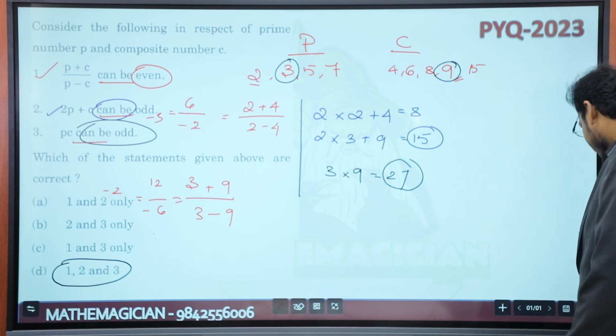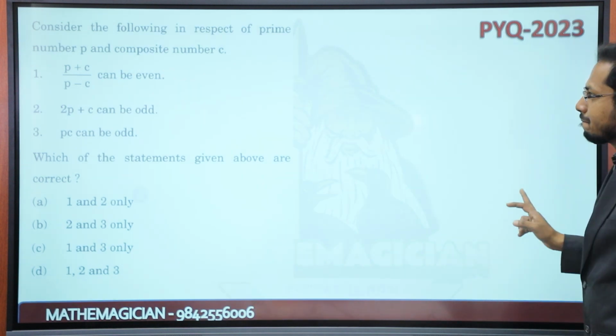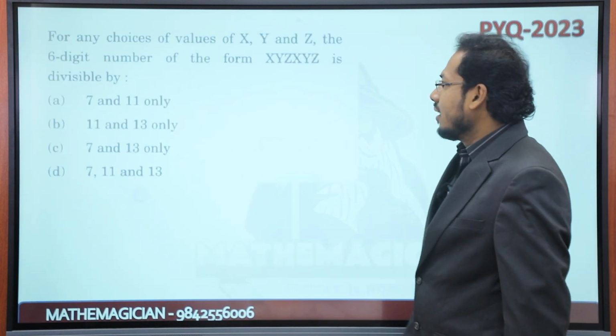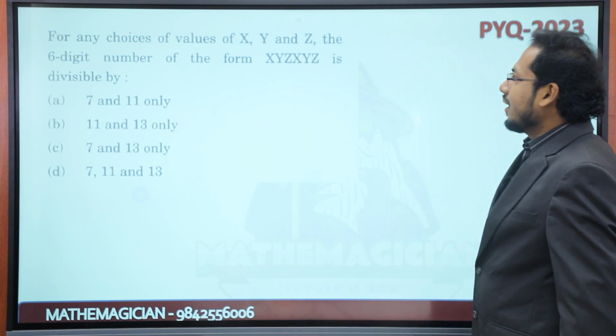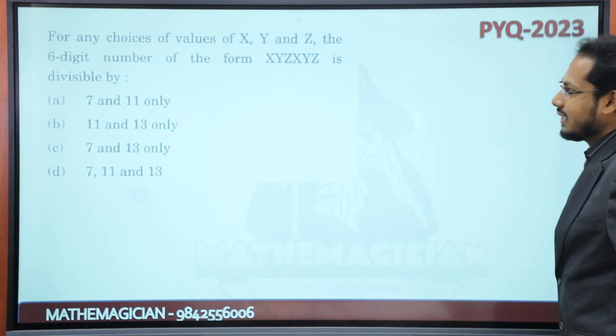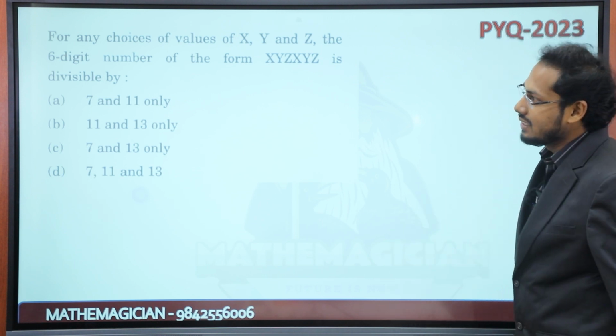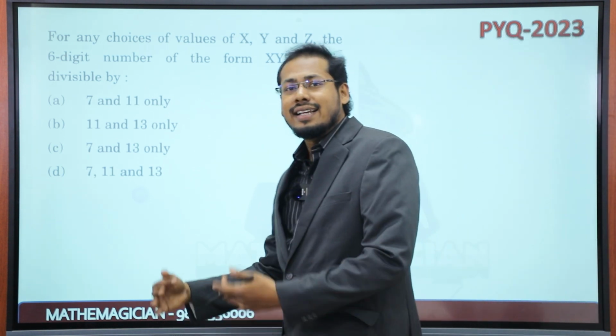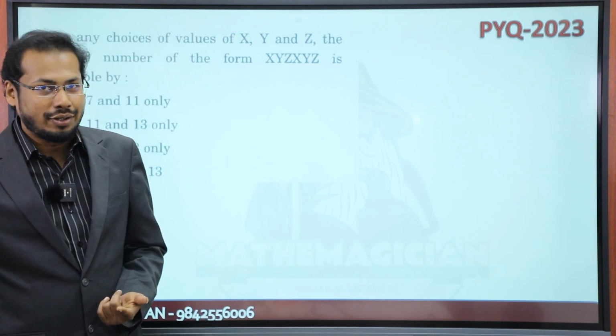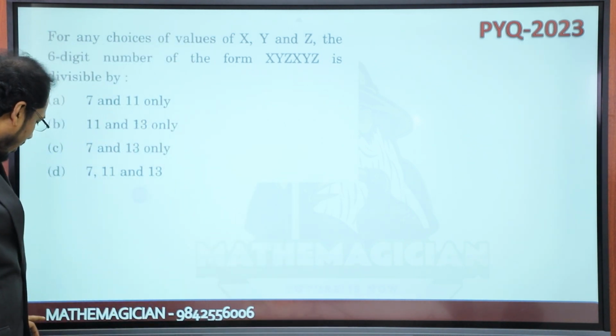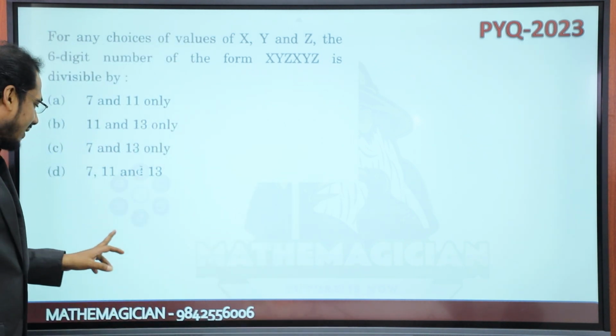Let's move to the next question. For any choice of values of x, y and z, the 6-digit numbers of the form x, y, z, x, y, z are divisible by what? I already explained this question in the previous video. Even so, I will say only one thing, please listen.